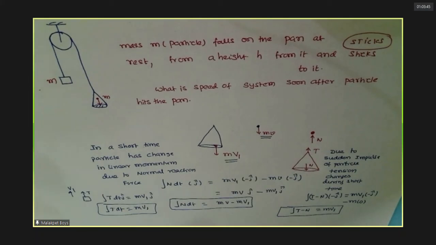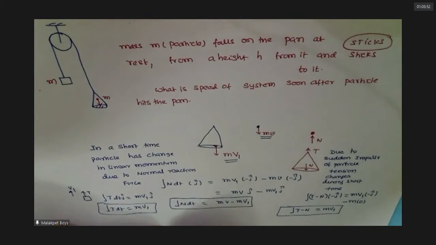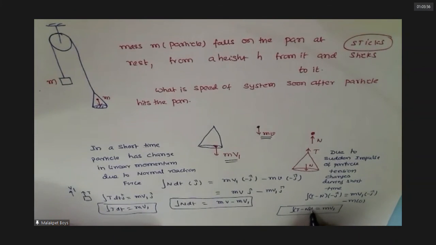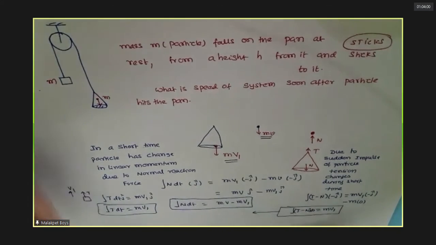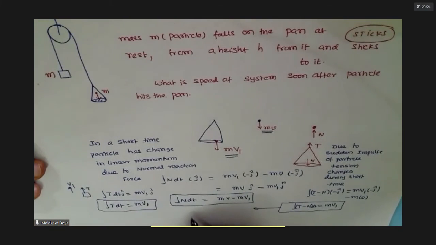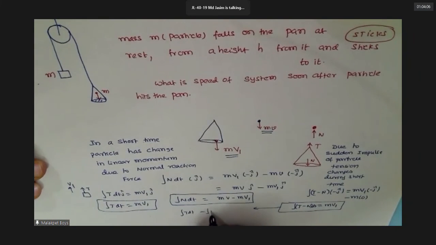Now shall I substitute these values here? They are all short duration forces, no? So this I can write very simply: integral of T dt minus integral of N dt is equal to Mv1.